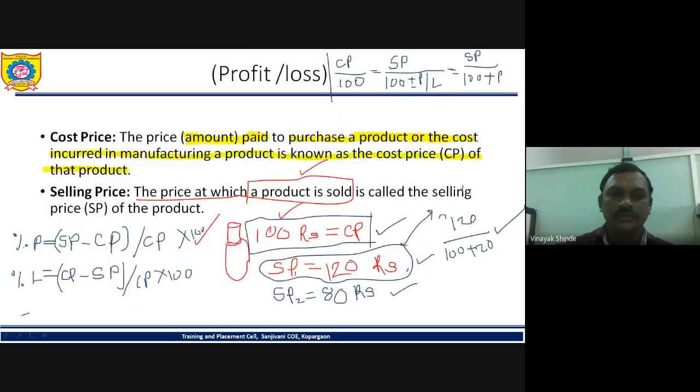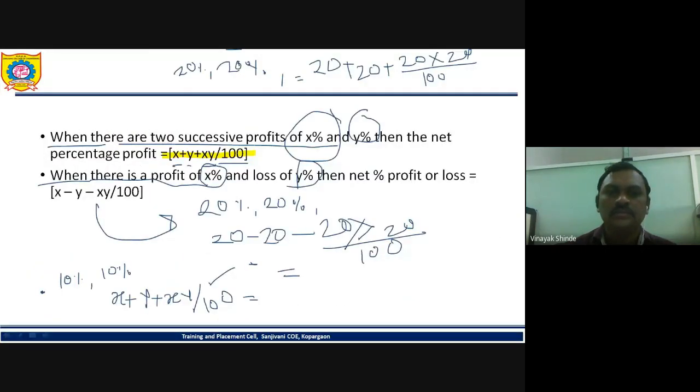We have seen these formulas. Percentage profit is equal to selling price minus cost price divided by cost price into 100. Percentage loss is equal to cost price minus selling price divided by cost price into 100. And another one is successive profit, successive loss and successive discount.